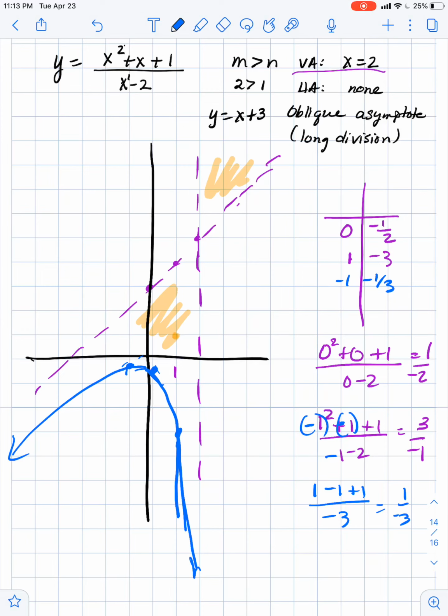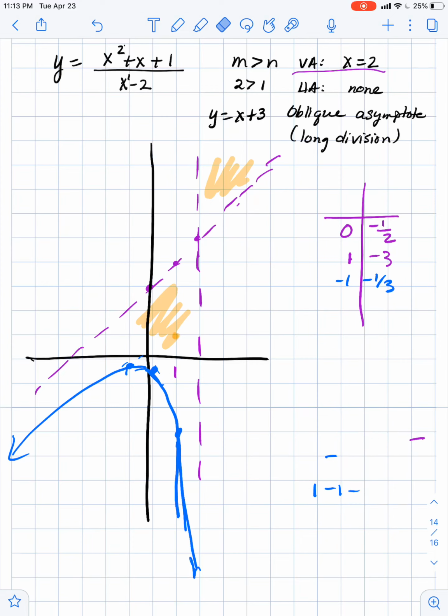And I could definitely check myself. Again, I'm going to get rid of this here because I could just do a quick check, and I could come in with 3, let's say, and check it out. So 3 squared plus 3 plus 1 over 3 minus 2. So that would be 3 squared, 9, plus 3 plus 1.